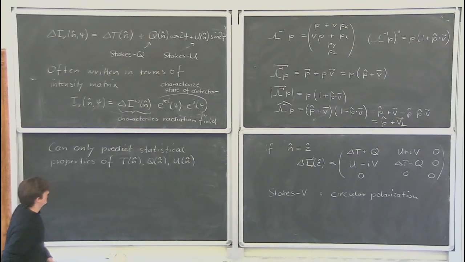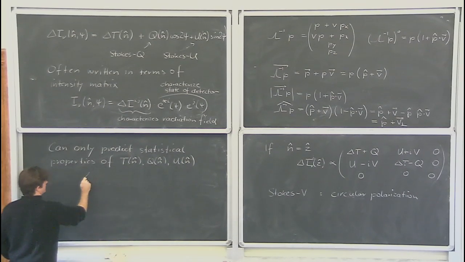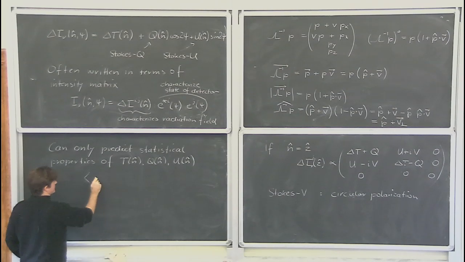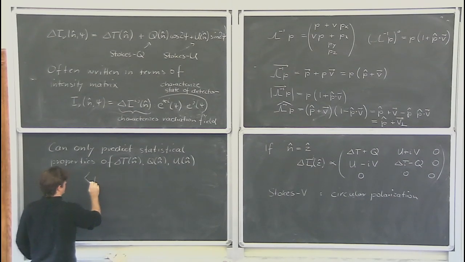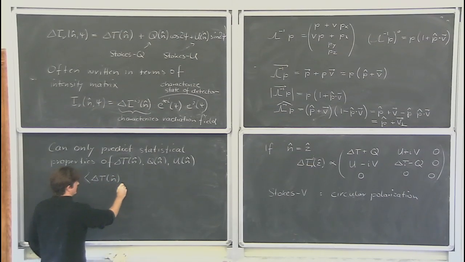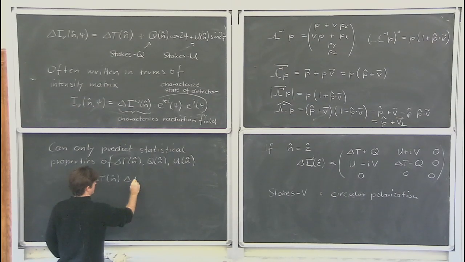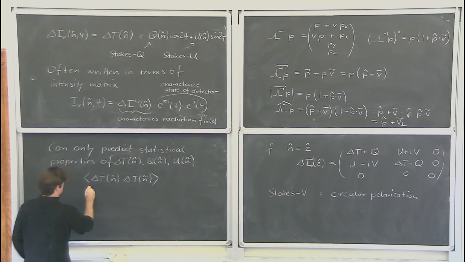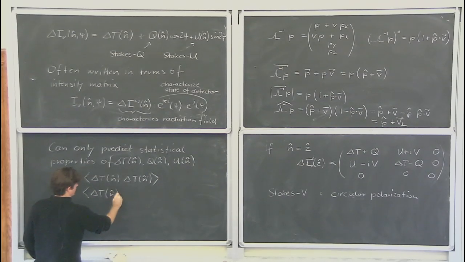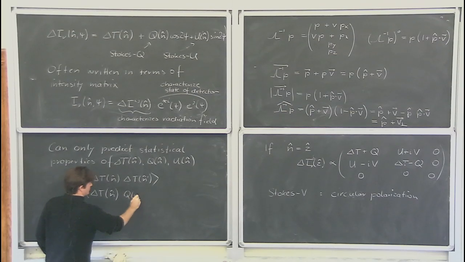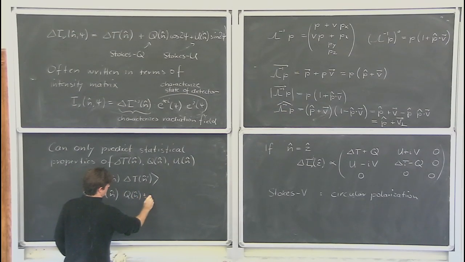By that I mean we can compute correlation functions. So we can compute correlation functions between the temperature fluctuation delta T at one point on the sphere and some other point on the sphere, or correlations between delta T of n hat and Q plus minus iU.